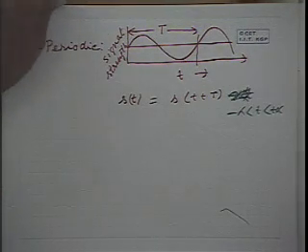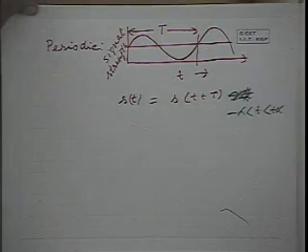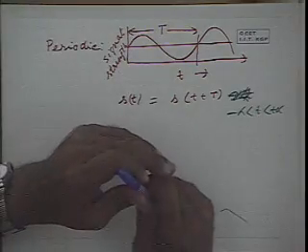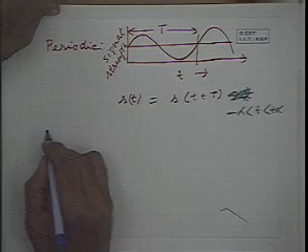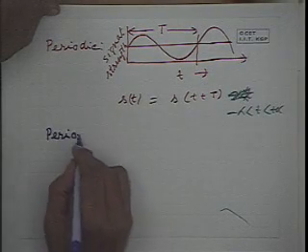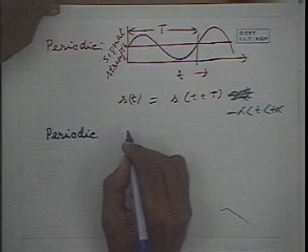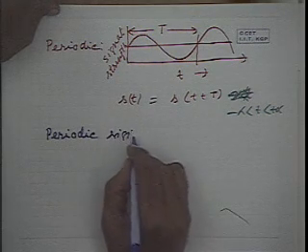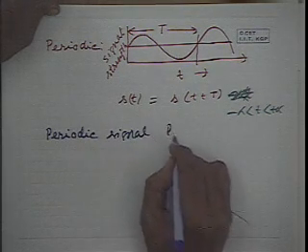Now a periodic signal can be characterized by 3 important parameters or characteristics. What are these 3 parameters? Periodic signal parameters.